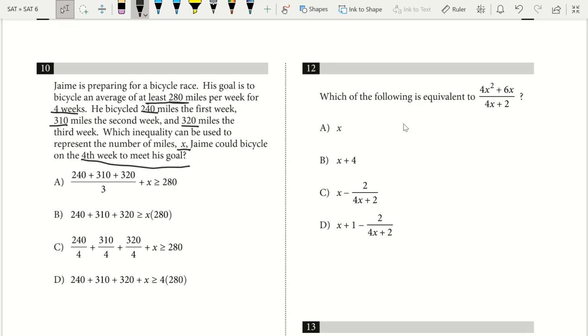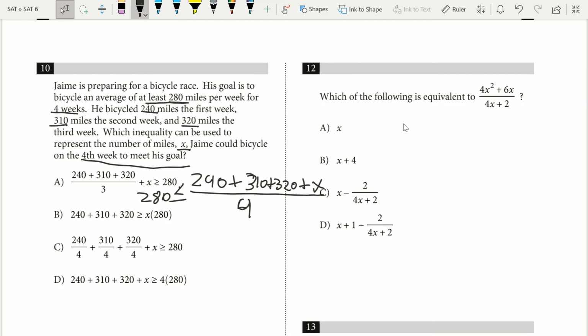Well, we know that our average per week is going to be our 240 we did the first week, plus our 310 we did the second week, plus our 320 we did the third week, plus our x, divided by 4. That'll give us our average per week. And we know that he wants to have that average be at least 280, right? So we want our average greater than or equal to 280.